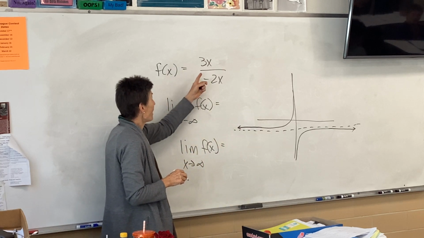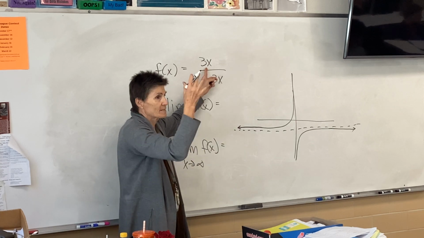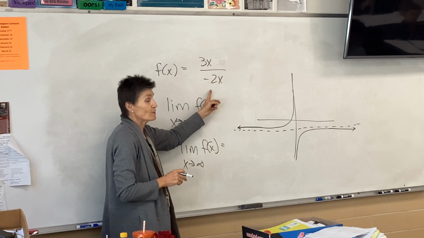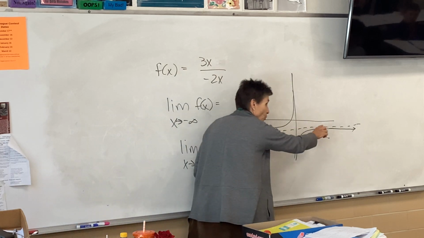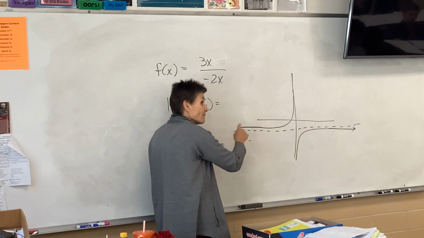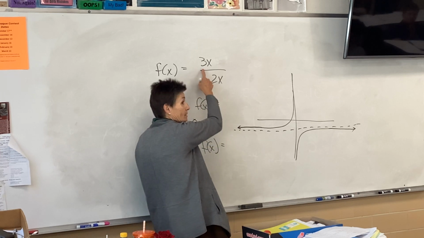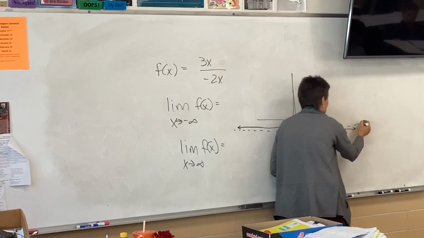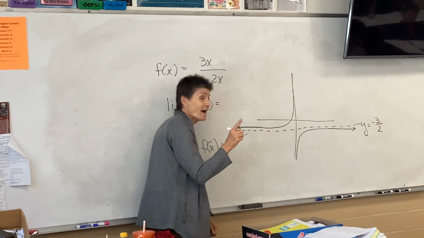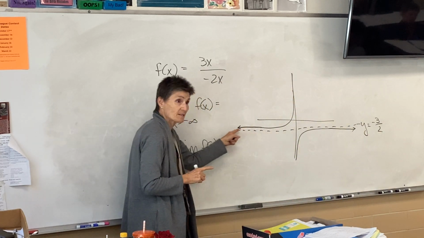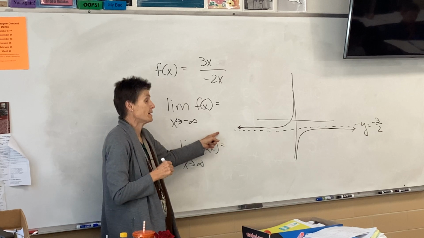Basically then, you have 3 zillion trillions over negative 2 zillion trillions. What is the equation of this horizontal line that our curve is approaching? Negative 3 halves. So your horizontal asymptote is negative 3 halves. That's the limit. That's where this is going. It's getting closer and closer to negative 3 halves.